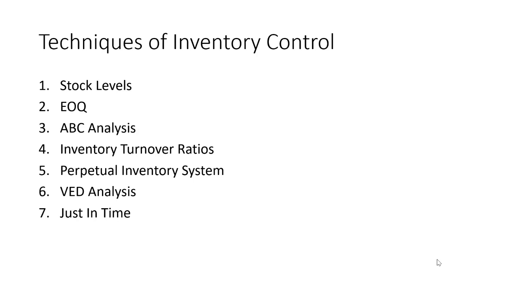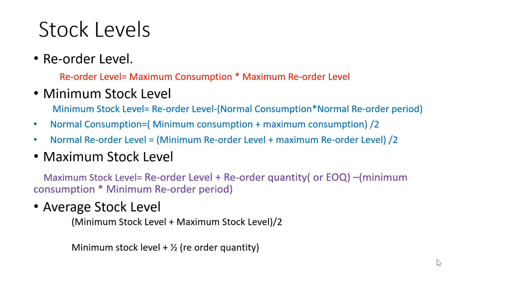So first thing, stock levels. Stock levels are reorder level, minimum stock level, maximum stock level, average stock level, and danger level. Here, maximum consumption usually includes the wastage also.